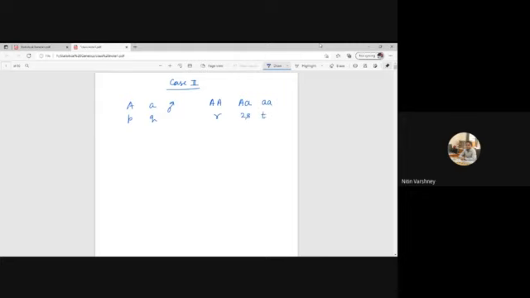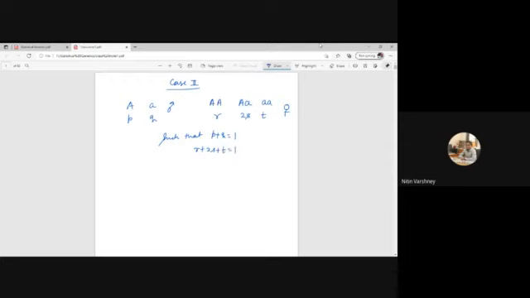For example, I have taken these frequencies. We can say that p plus q is equal to 1 and r plus 2s plus t is equal to 1.